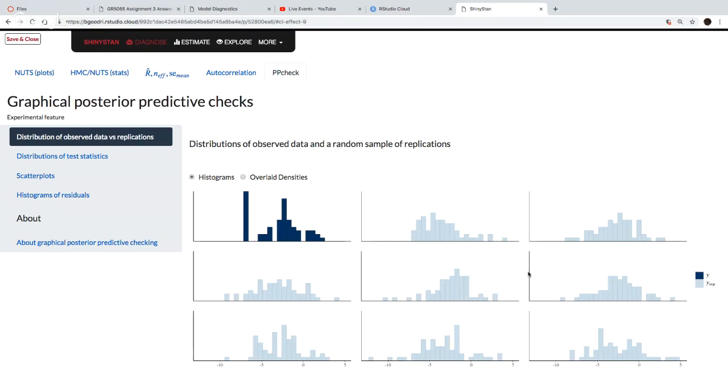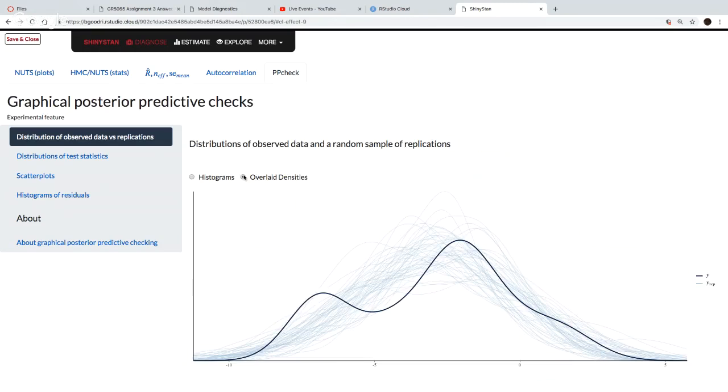And you can already see that, one, it's not real consistent, but it's never that close to what the actual data look like. And that already suggests there's something not good about your model, or in this case, many things that are not good. I can click on the button for overlay densities.